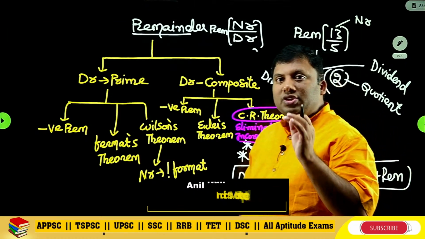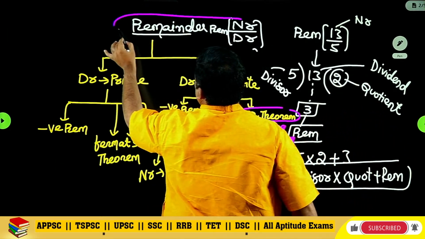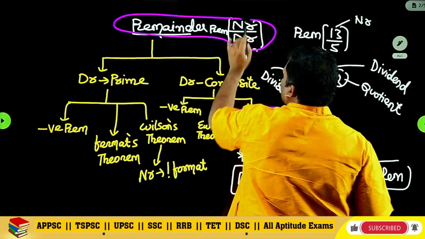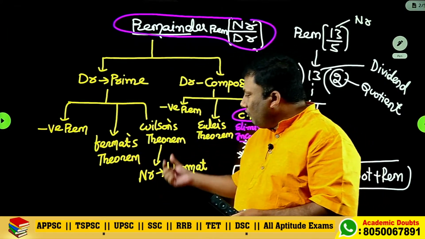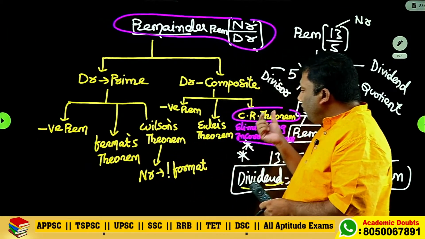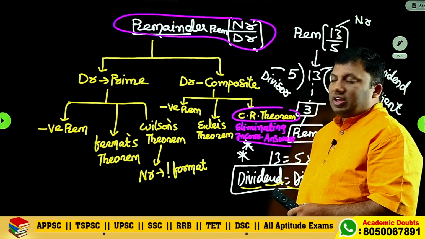All the problems related to remainders can be solved using this table. We will see when this method is effective, and when we should use the Chinese remainder theorem.